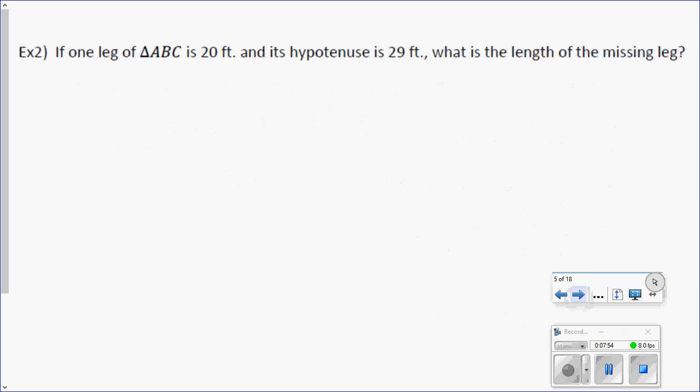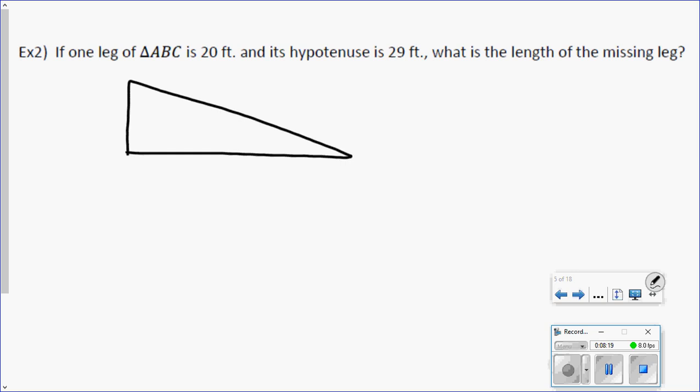We have another picture. So draw a triangle, ABC again, similar to the one we just drew. Label one leg 20 and label the hypotenuse 29. So it ought to look something like this. 20 feet, 29 feet, and then we got to call this something.